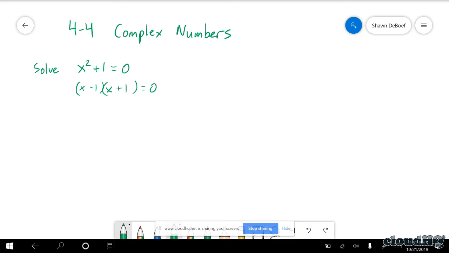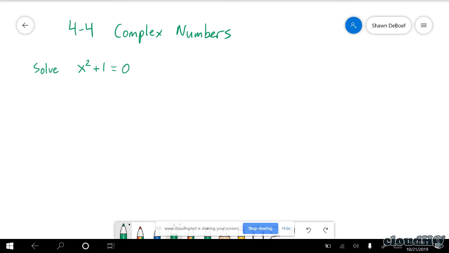Does it work to do -1, +1? If you take -1 times +1, you get -1, not the +1 that it gives us. This is not a difference of two squares, it's a sum of two squares. It's actually not factorable.